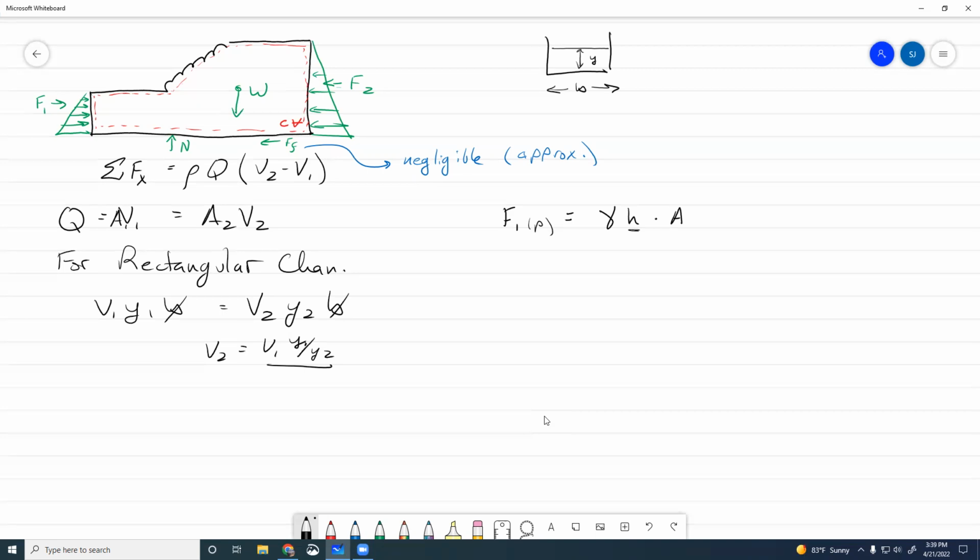So that's going to then be gamma y1/2 times B. So A right here is going to be y1 times B. So that's our area.